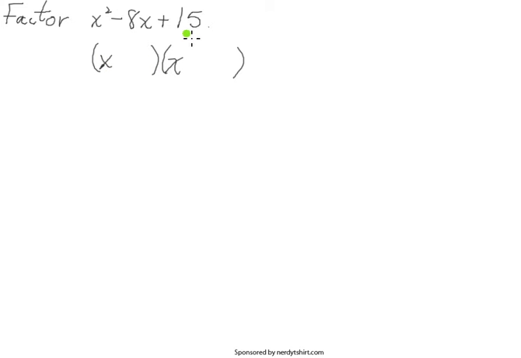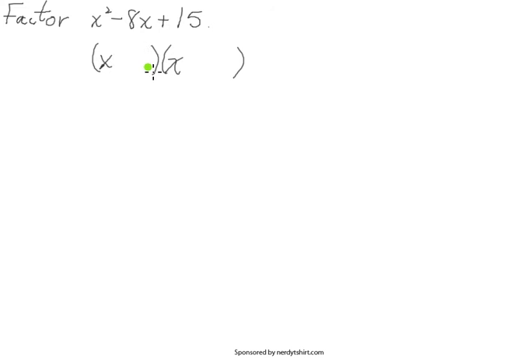Now you want to finish it off by focusing on the constant term here, which is a 15. You want to find factors of 15 that will go in the last position of each binomial, picked carefully so that they combine to the middle coefficient on the x.